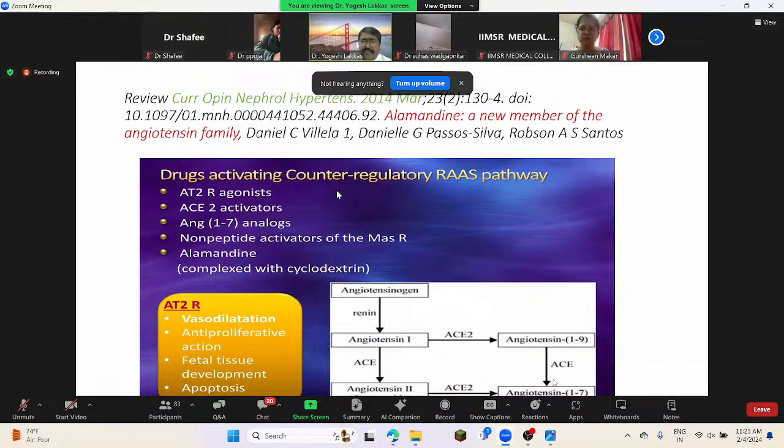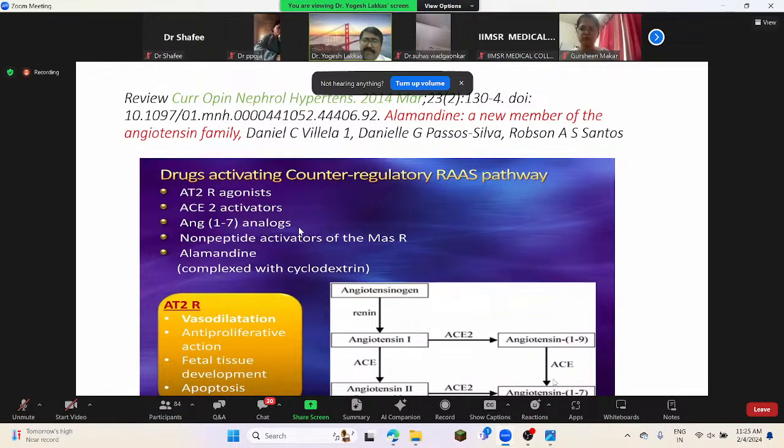Drug activity, we discussed this part. Angiotensin type 2 receptor agonists will be the next target. ACE2: when I say angiotensin converting enzyme, the classical pathway, we have to have the inhibitors, and here we will need the activators, because this is a favorable pathway in the body and we have to act on that.